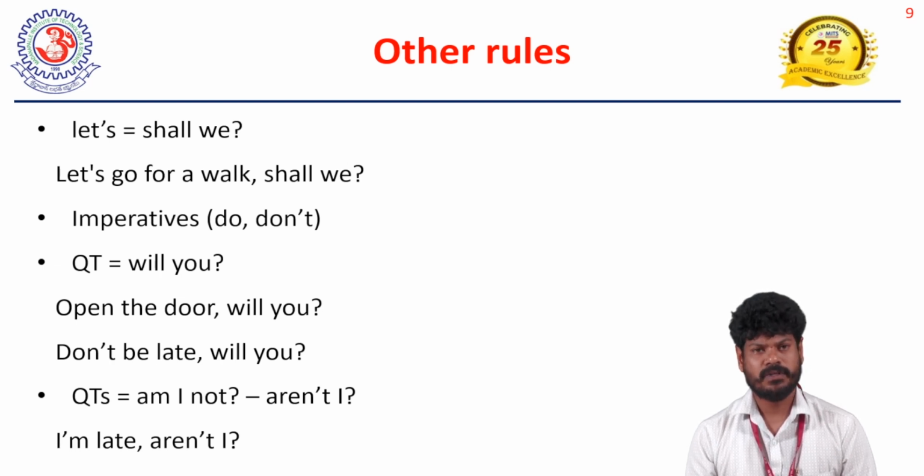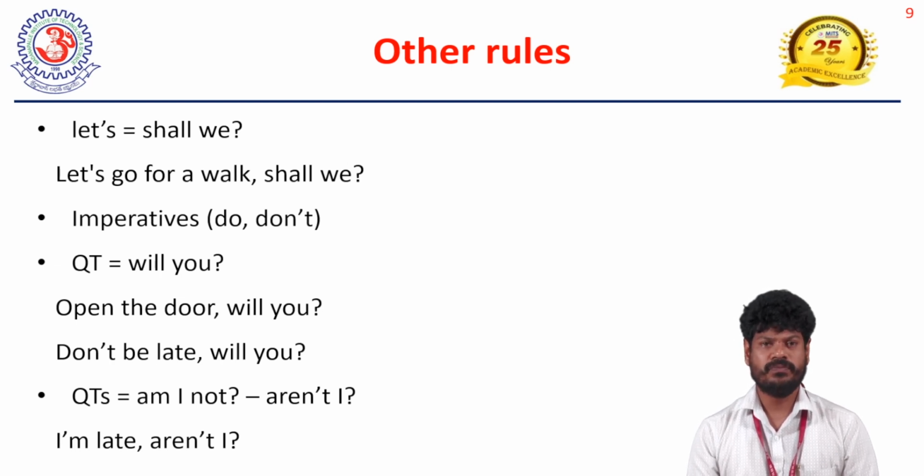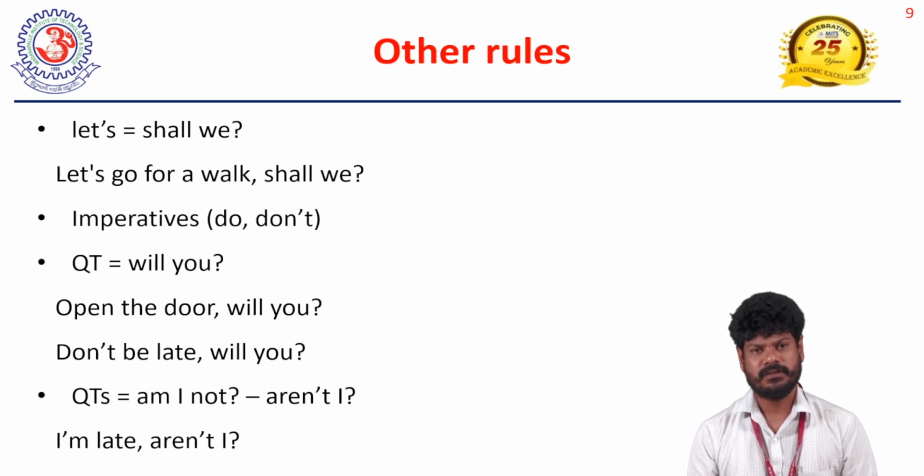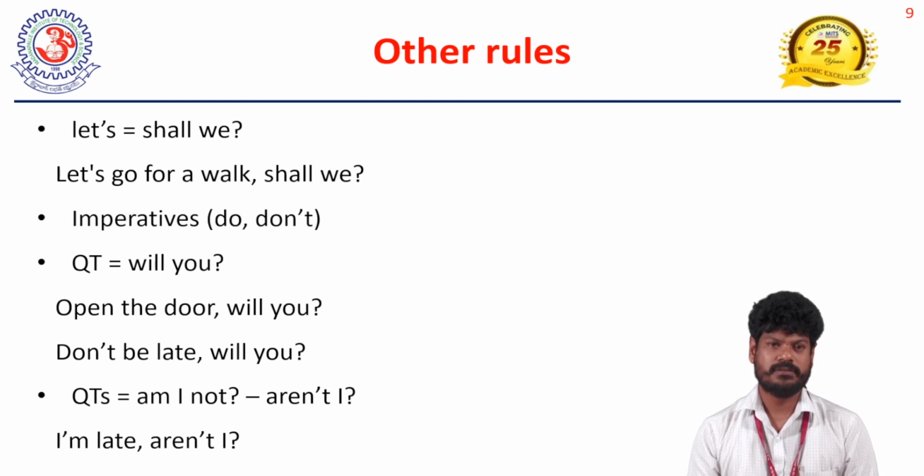For example, open the door, will you? Don't be late, will you? And it is not am I not for a negative question tag. It is aren't I. For example, I am late, aren't I? It's not amn't I or am I not.